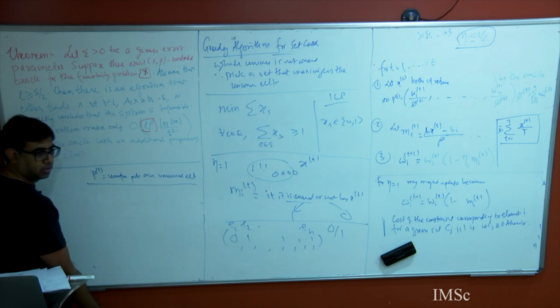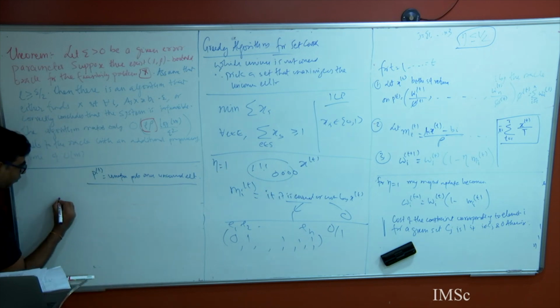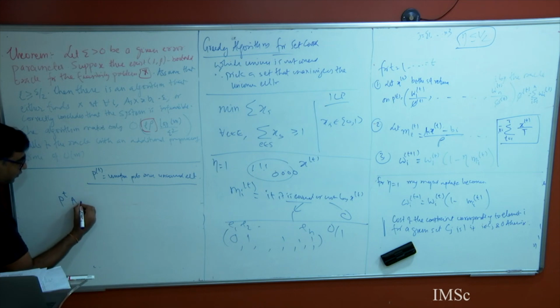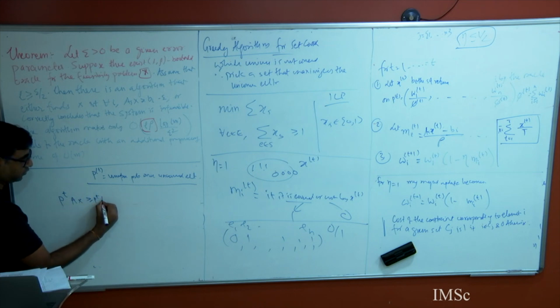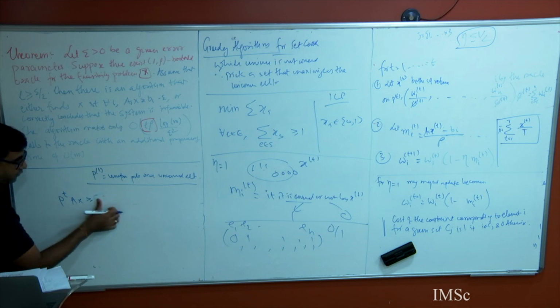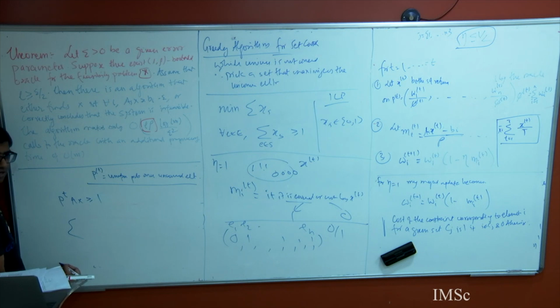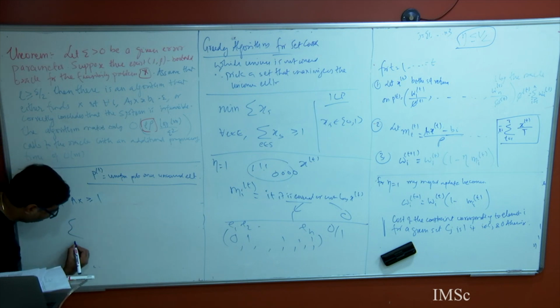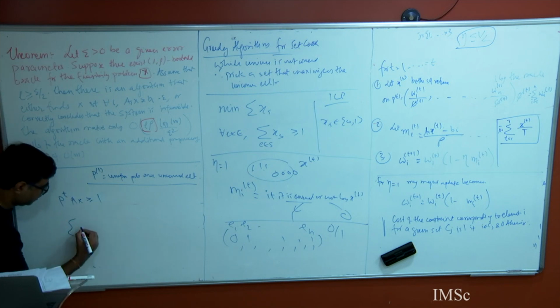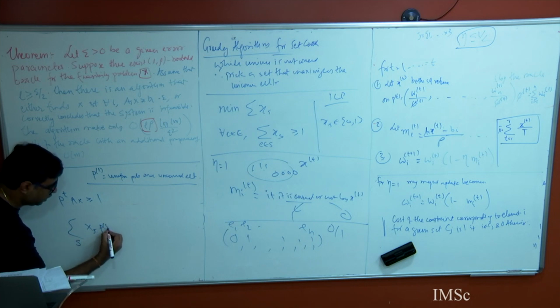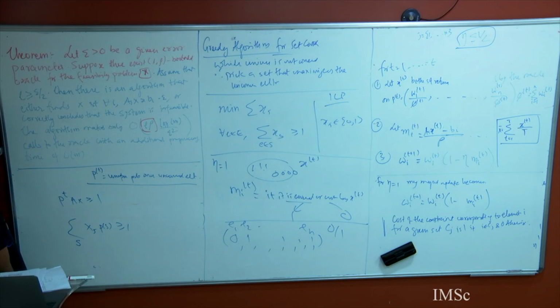Right? Now let's look at what we were doing. P transpose AX should be greater than or equal to P transpose B, which is 1. So we can forget this, it is 1. And eventually, the equation we got is the sum over S of X of S, P of S, is greater than or equal to 1.